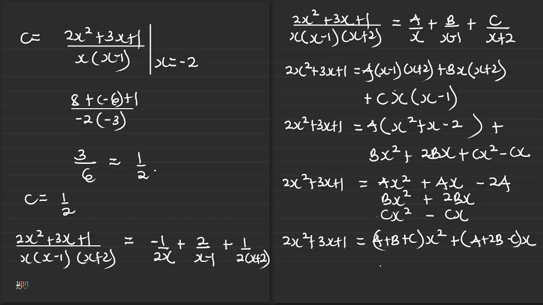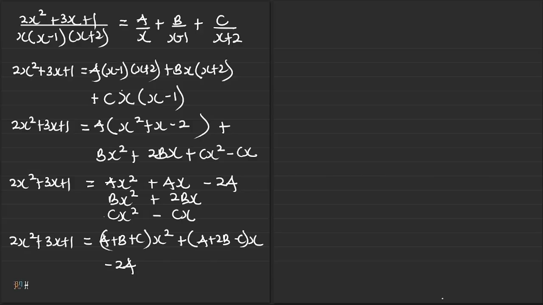And for the constant term, we have negative 2a. So we would now equate the exponents. Let's start with the constant term because that one will be very simple. For the constants, we have 1, it's just 1 that is the constant here. So 1 is equal to negative 2a.